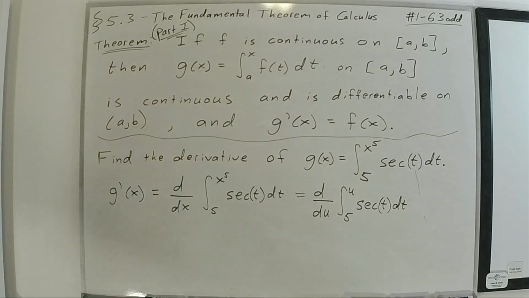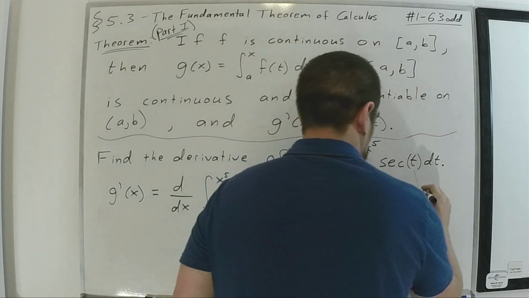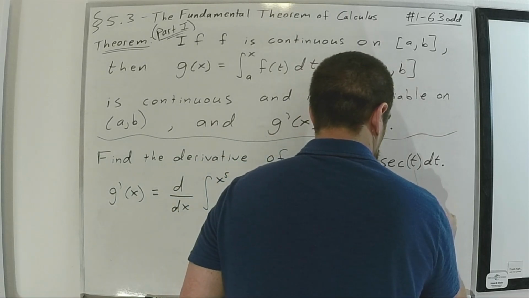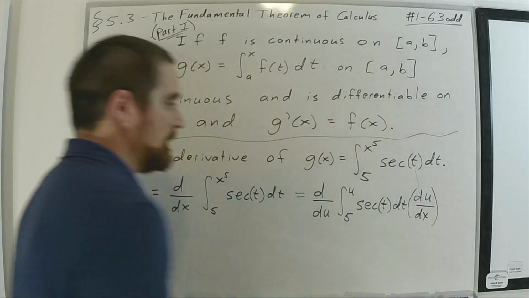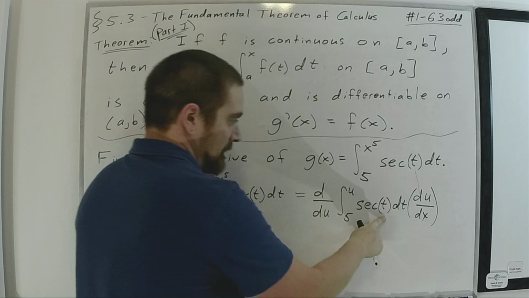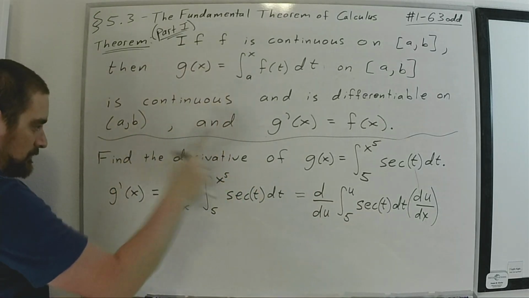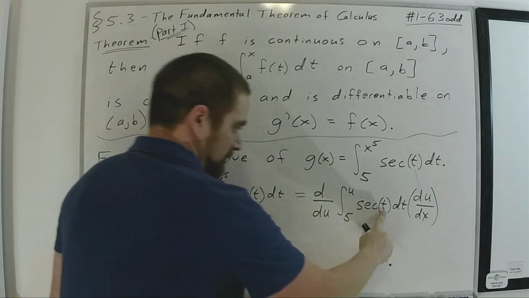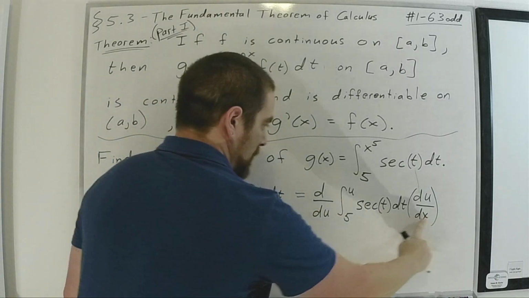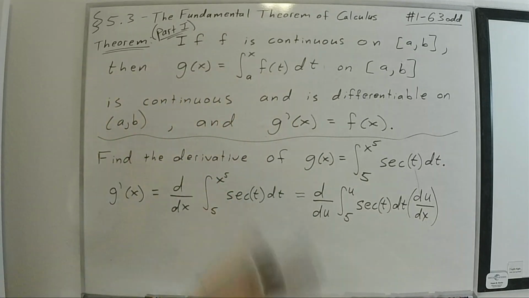And then when I differentiate that with respect to x, I now have to worry about chain rule and multiply by du dx. Because I'm not simply differentiating and plugging in a variable u here. G prime is a function of x. So ultimately I'm going to have to plug x to the 5th back in here, which is why I need the derivative of x to the 5th, which is 5x to the 4th, to be multiplied on. That's chain rule.